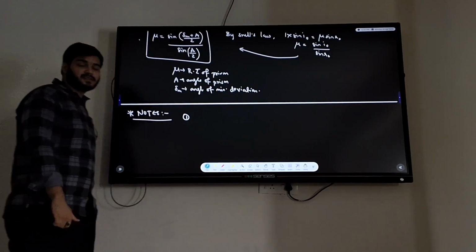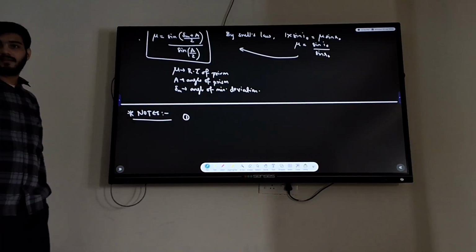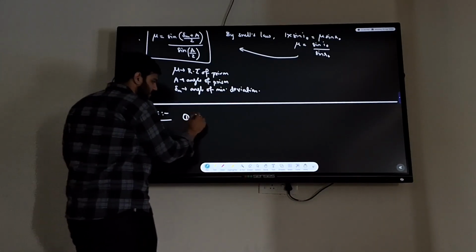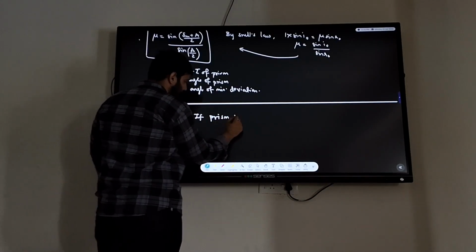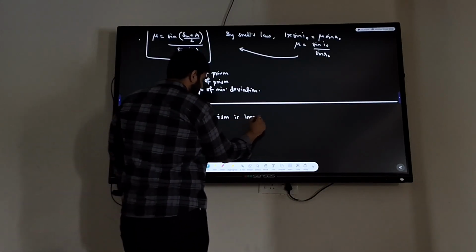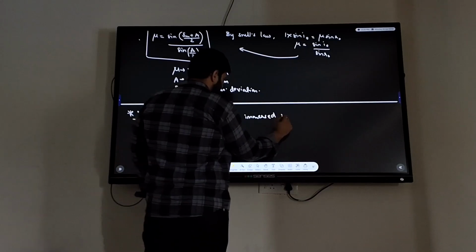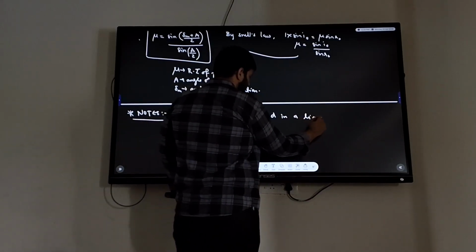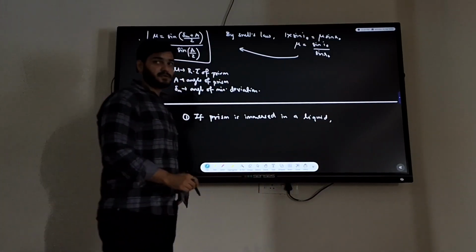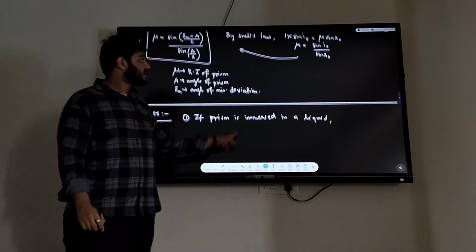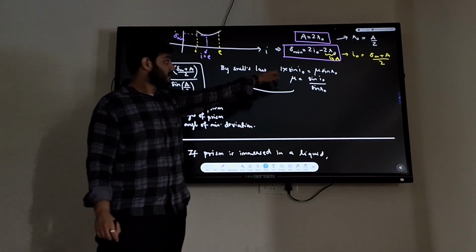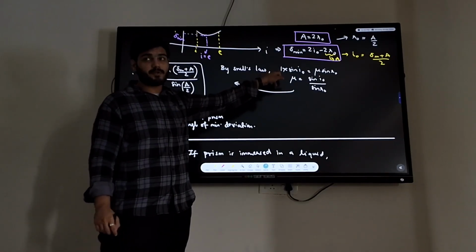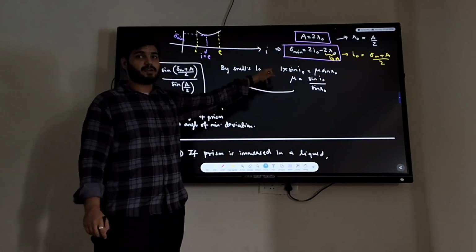what if your prism is immersed in a liquid? Then what happens? If the prism is immersed in a liquid, it's a very simple task. Instead of the 1 that I wrote here, you just substitute mu L, that's the mu of the liquid.